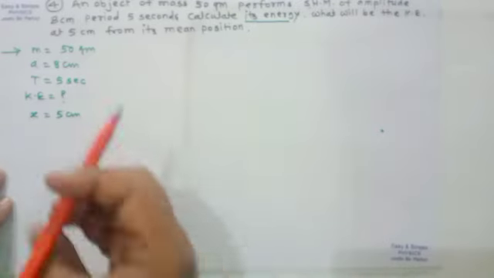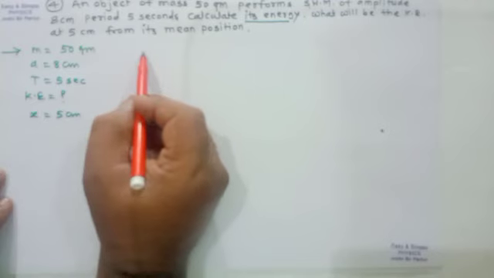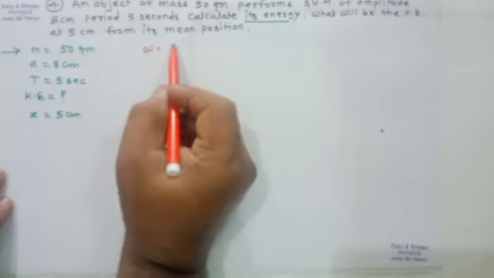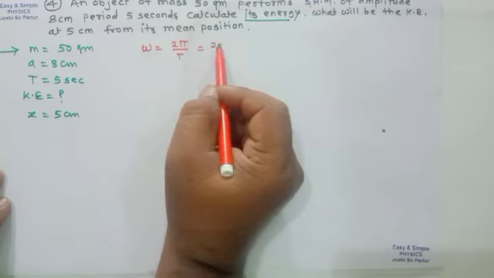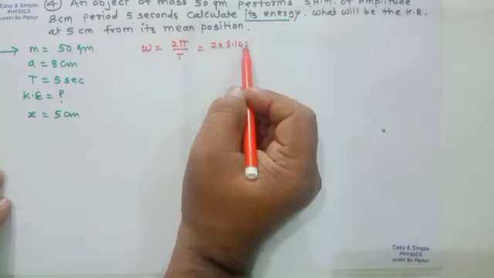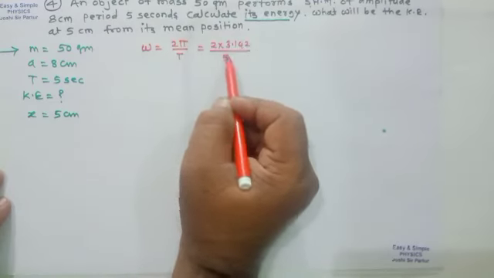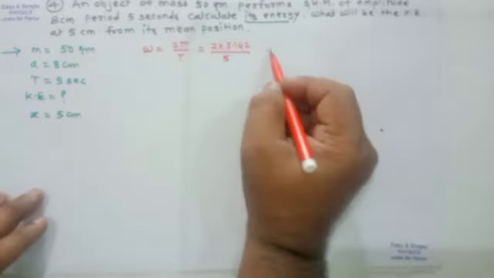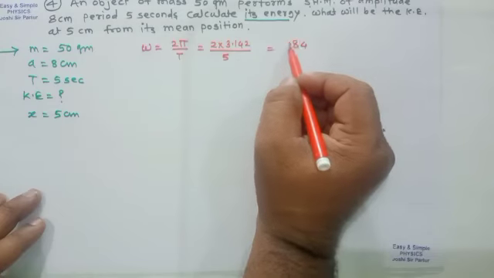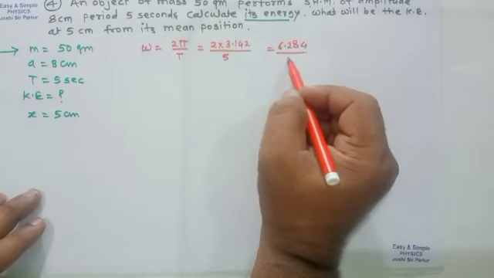So here first of all we can find out omega equal to 2 pi upon capital T. So 2 into 3.142 divided by 5. So it is 6.284 divided by 5.